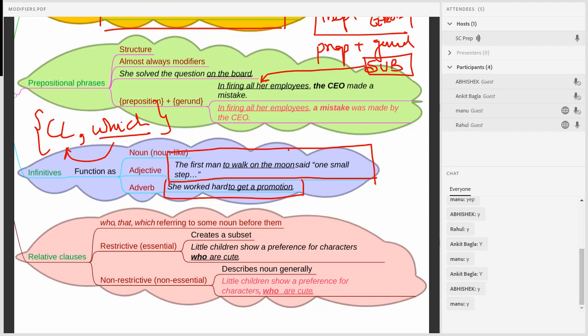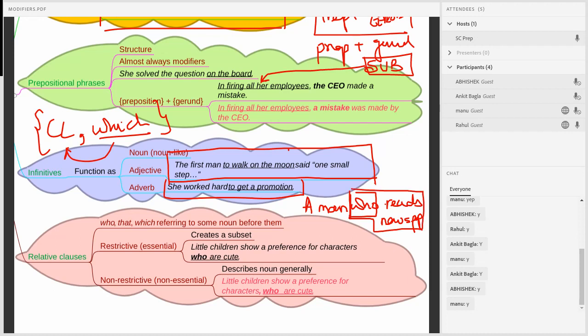If I say a man who reads newspapers every day, now you see this part, who? This who is called a relative pronoun, right? That term is not important. The point is it introduces something called a relative clause, this who reads newspapers.